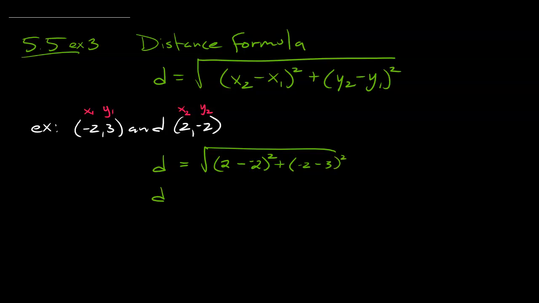And then we'll see how this works out. 2 minus -2, and if you need to do that on a calculator, go for it, but it's 4. And then we square that. -2 minus 3 is -5, and we're going to square that.